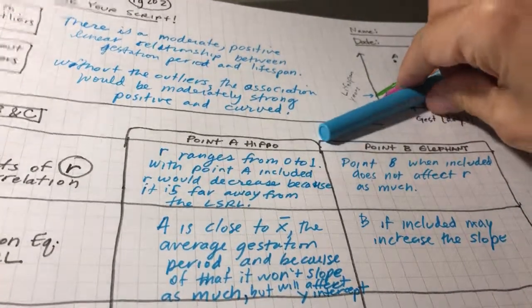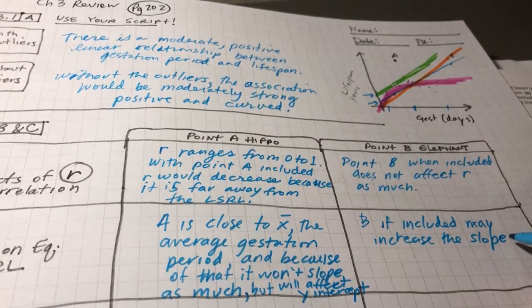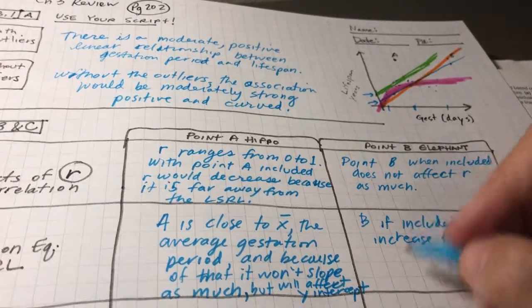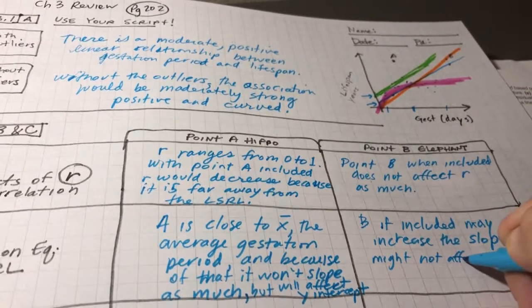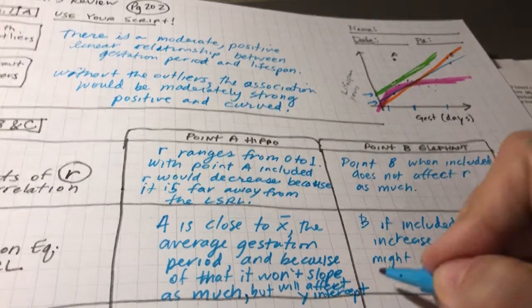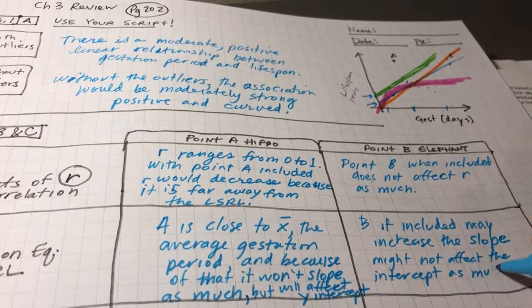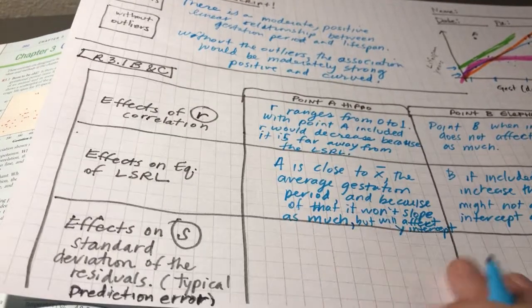So it does look like we may have to tilt it up to grab that number. It may increase the slope, but it might not affect the intercept as much. Okay. And then how would this affect S?